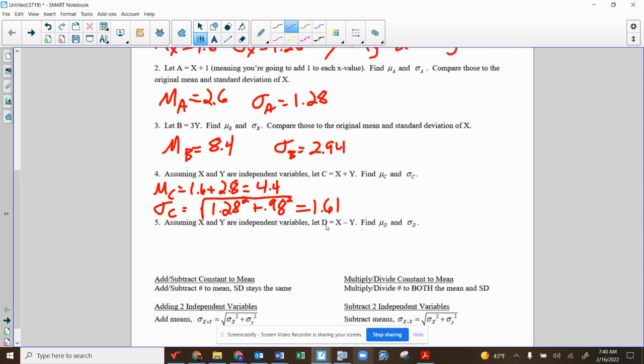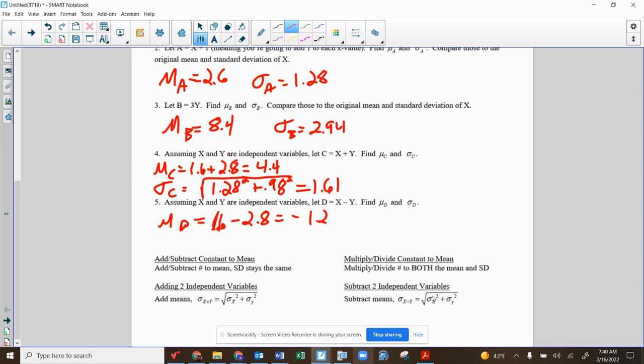And then for subtracting the two distributions instead, and we're calling this one D, I would take the two means and subtract them in the order that it says. You could get a negative number, and that's okay. So 1.6 minus 2.8 is going to be negative 1.2.